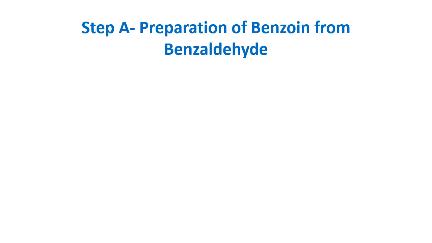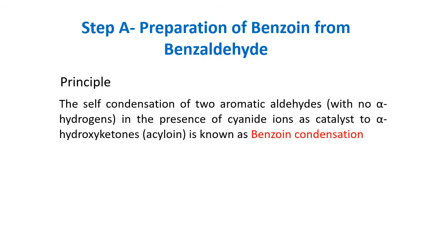Step A, preparation of benzoin from benzaldehyde. The principle involved in this, as I have already said, is benzoin condensation. Two aromatic aldehydes condense in the presence of cyanide ions as catalyst to give alpha hydroxy ketones, which are also known as acyloins.